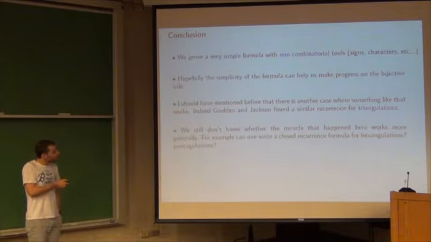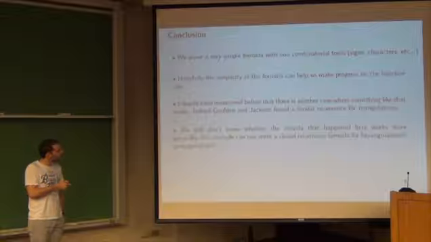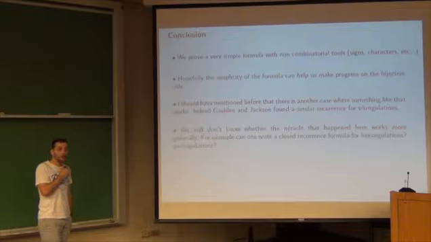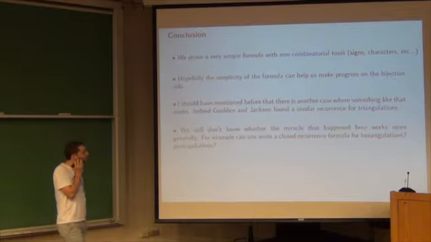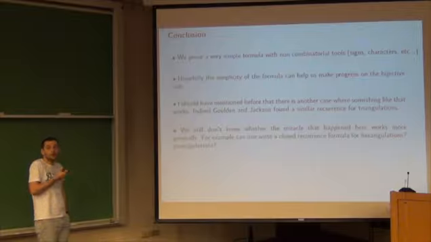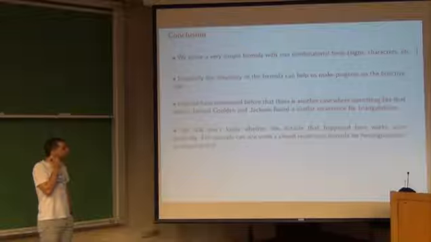I should have mentioned that there is another example where you can do this kind of elimination. There's a similar result by Goodall and Jackson for triangulations, where the elimination part is slightly different. But there are only two cases where we know that we can do stuff like that, and we really don't understand why we can do this.